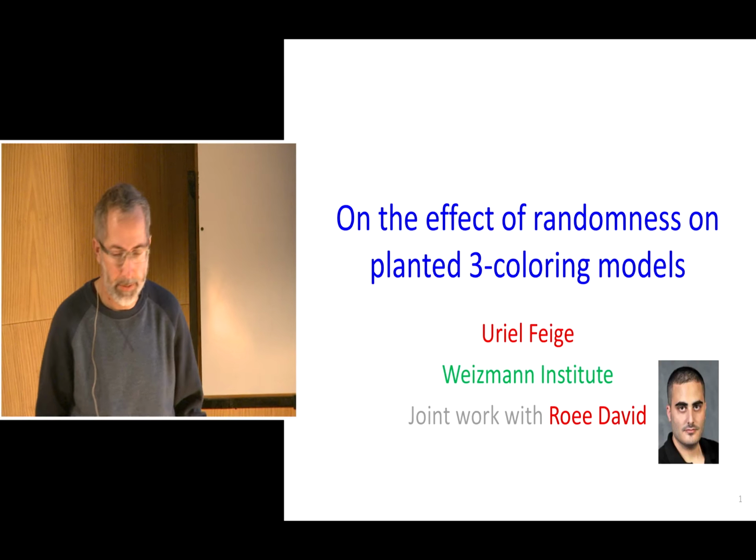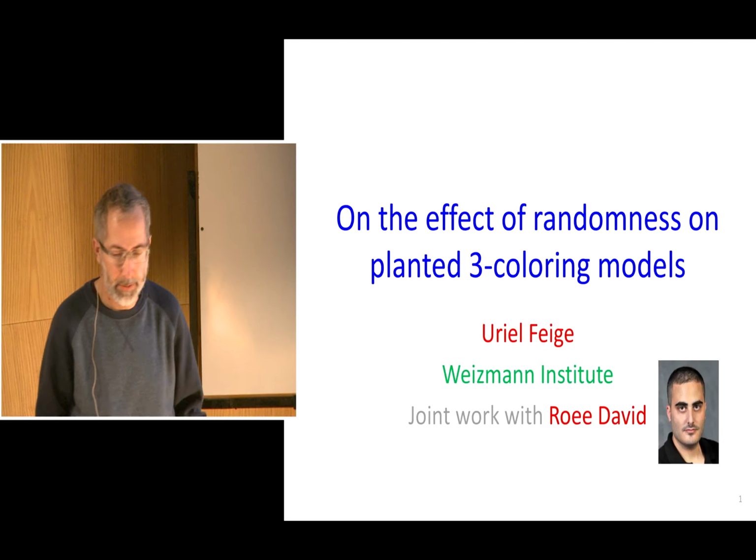Now, this is the general framework that we study. Within this framework, there are several different models. A model specifies how we choose the host graph H and how we choose the planted coloring P. And the difficulty of the problem depends on the particular model that we will be looking at.